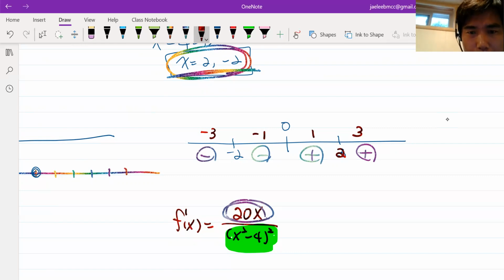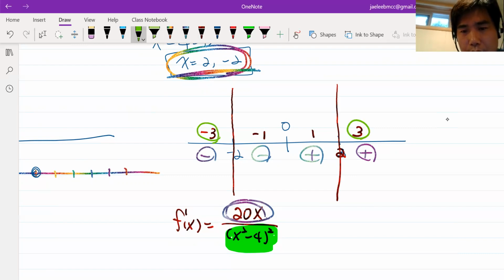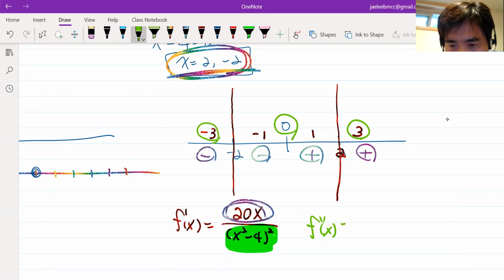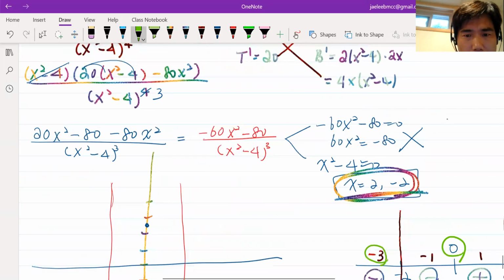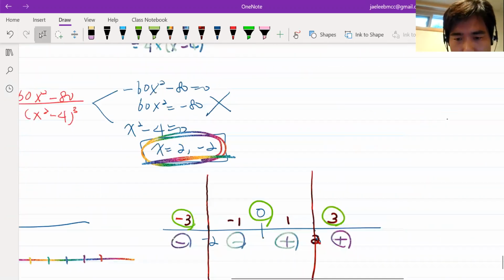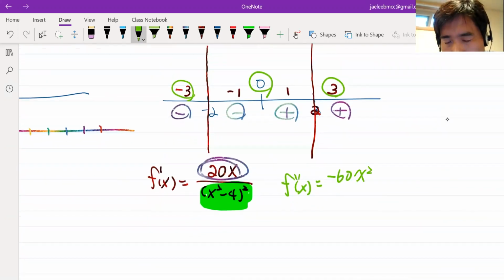Okay, then now let's do the concave up and down case. So I'm going to do the inflection points like that. Then I'm going to start using the same -3 and 3 as testing values. And here I will use 0. Okay, so f second prime was -60x squared minus 80 over (x squared minus 4) to the cubic power.